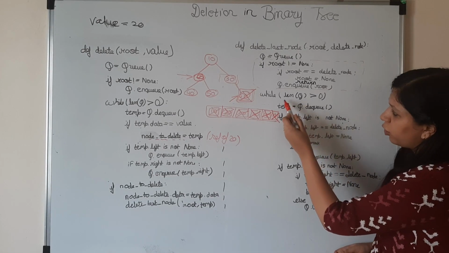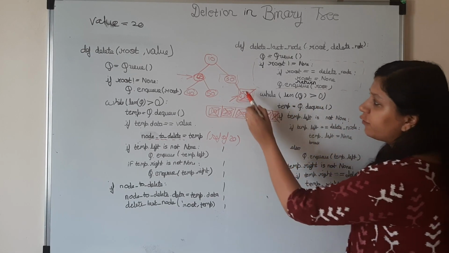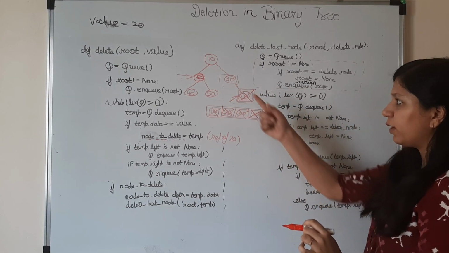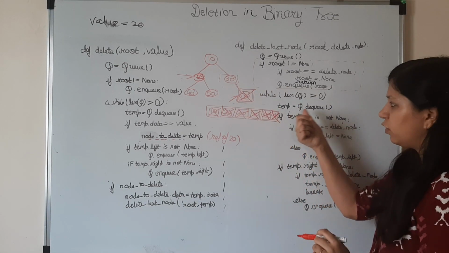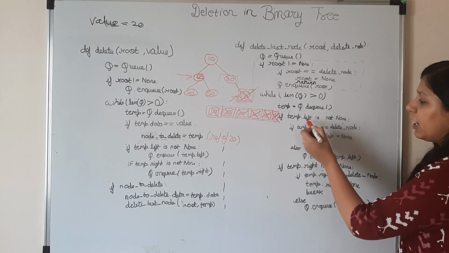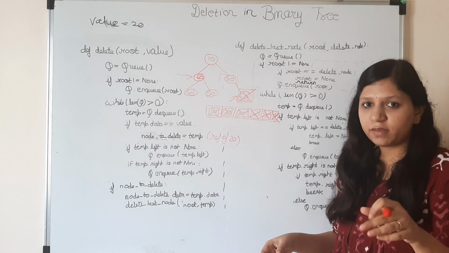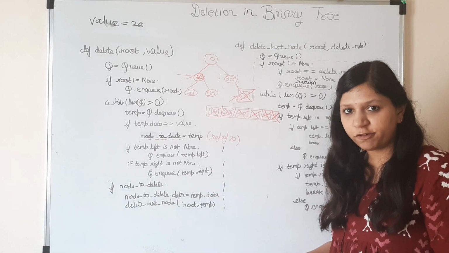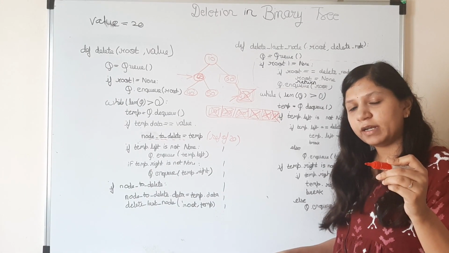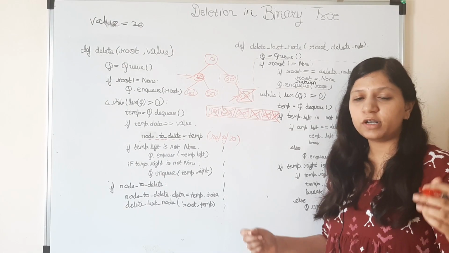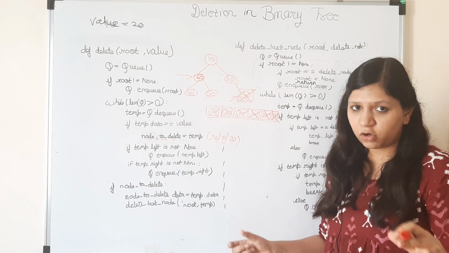Now here you need to find the parent of 60. So every time you enter this loop, you always dequeue an element, and after that check its left and its right. If any of them is equals to the node you were searching for, it means you have found the parent, and then you will put left or right accordingly.